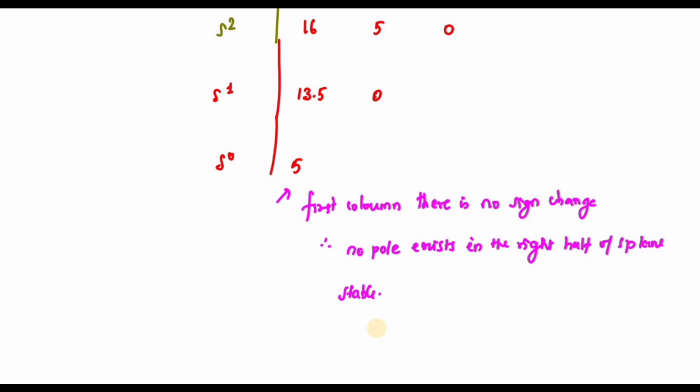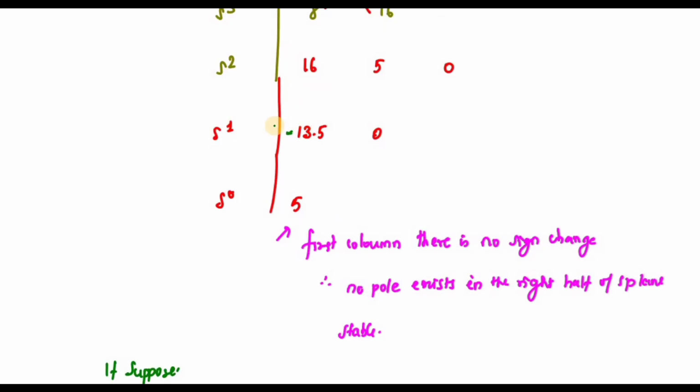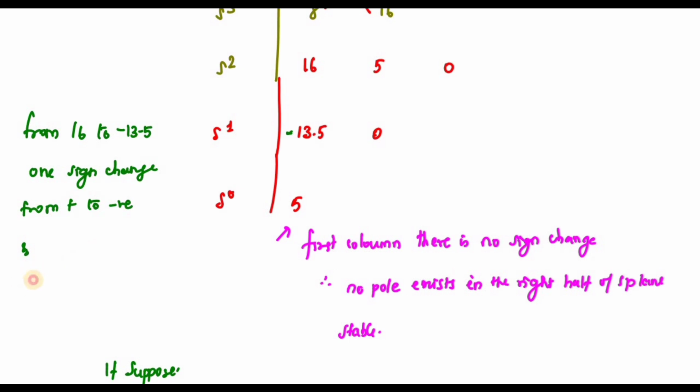Suppose in the s1 position we have minus 13.5. Then going from 16 to minus 13.5, there is a sign change from positive to negative, so there is one pole on the right side of the S-plane.